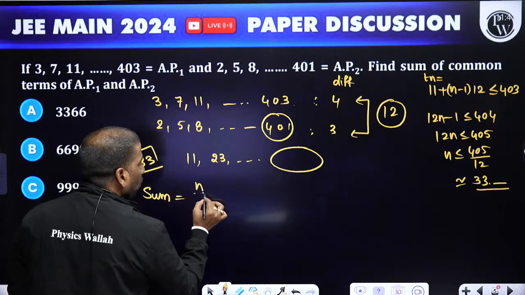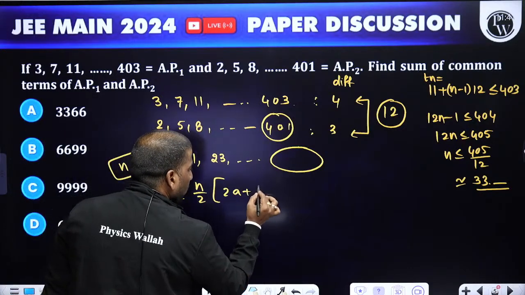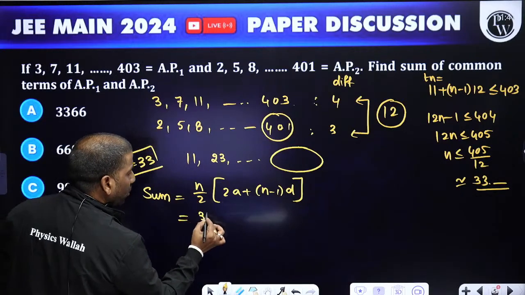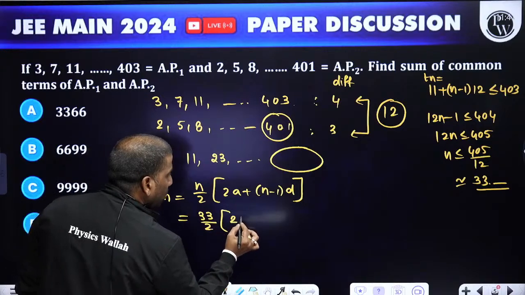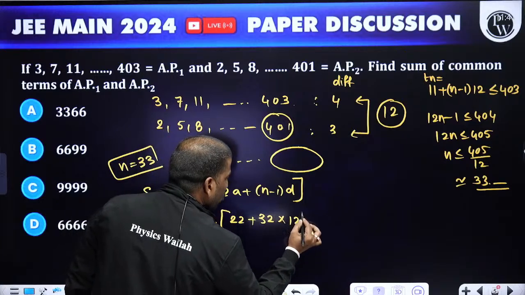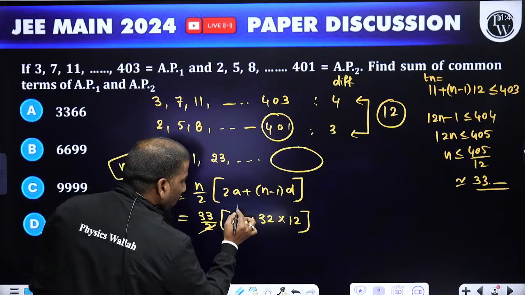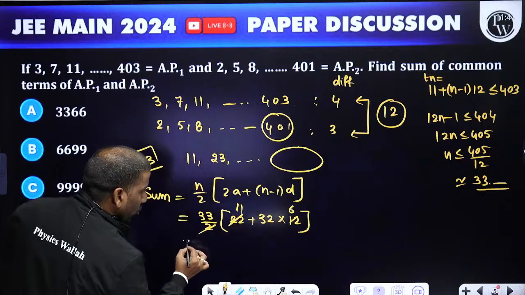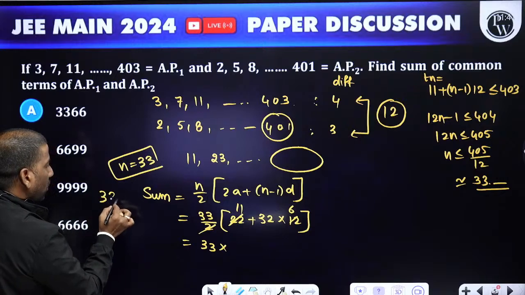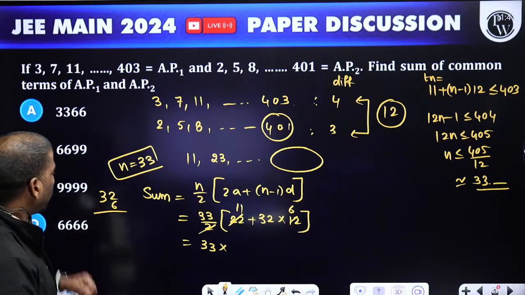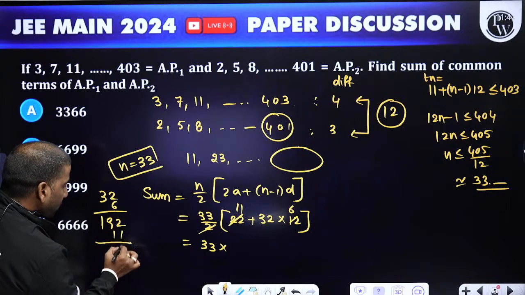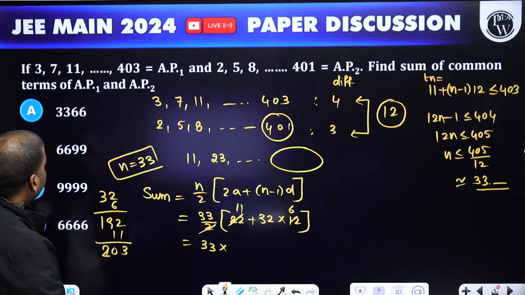So when we have number of terms, we apply the formula. So directly, this is the formula, n by 2, 33 by 2, 2a, 22, n minus 1, 32, d, common difference is 12. So let us cancel 2 here, 11 times, here 6 times. So that is 33 times and 32 times 6. 180, 192, 192 plus 11, right? 203.